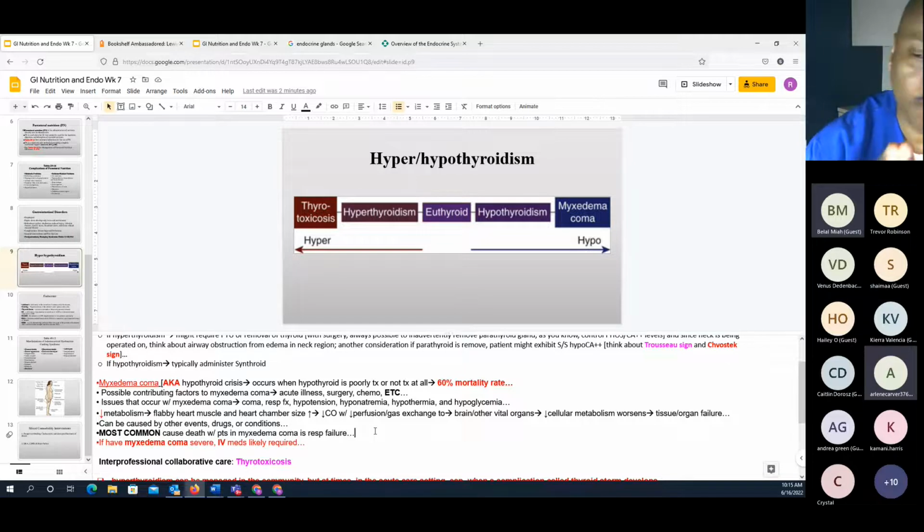Remember, these patients go into respiratory failure. Because this condition is so severe, we cannot just give the patient a PO Synthroid, but we have to resort to the IV type of preparation because we need to get them back to that euthyroid state as quick as possible.